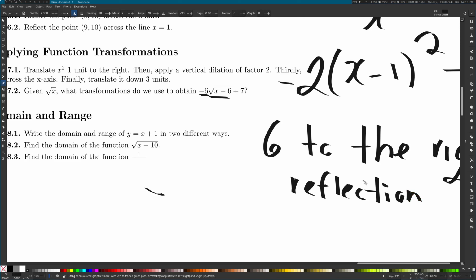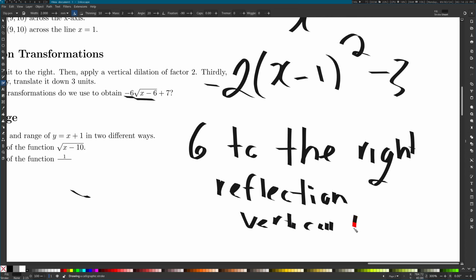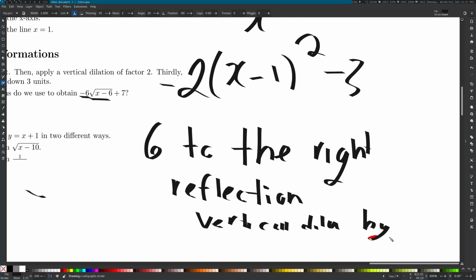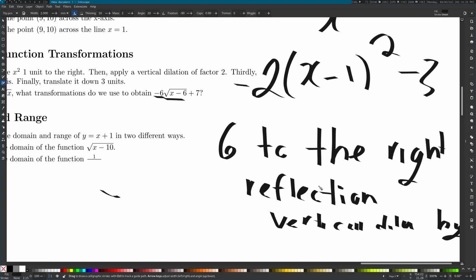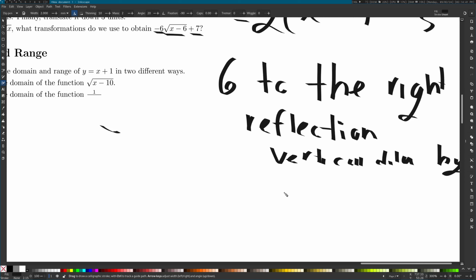I would say vertical dilation by a factor of 6. Somebody write all that down. Okay, and what about the 7? What does plus 7 mean in this context? Translation upwards. Yep, so up 7.